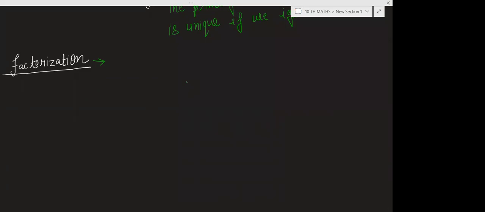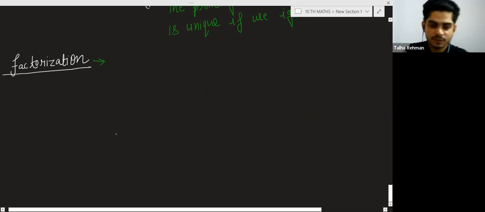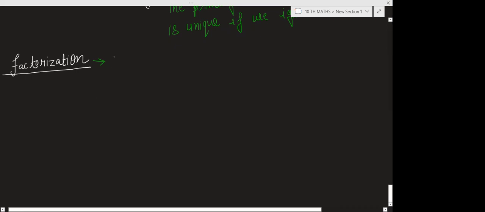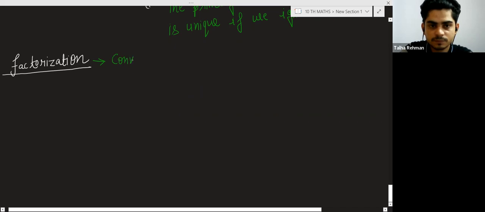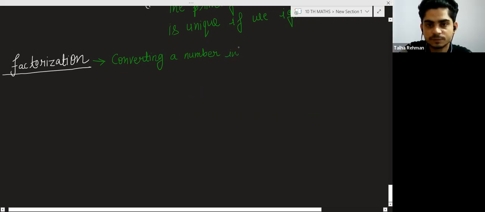Like 5 is a factor of 10, 2 is a factor of 10, 10 is a factor of 10, 1 is a factor of 10. Factorization means converting a number into its factors.